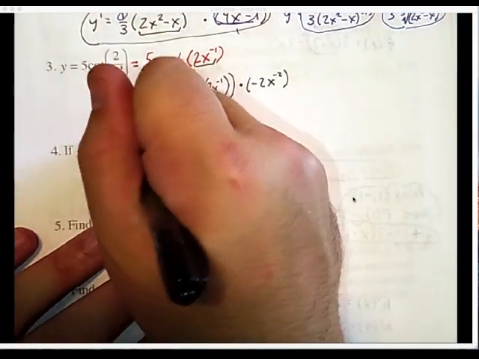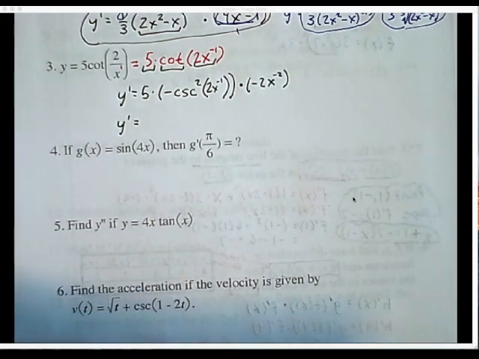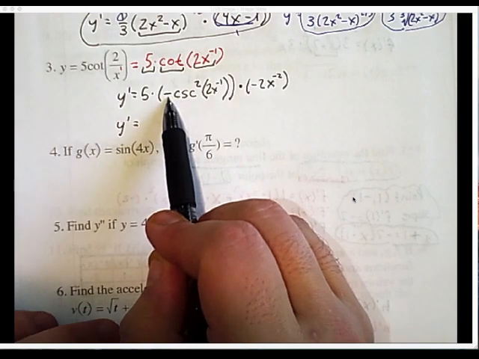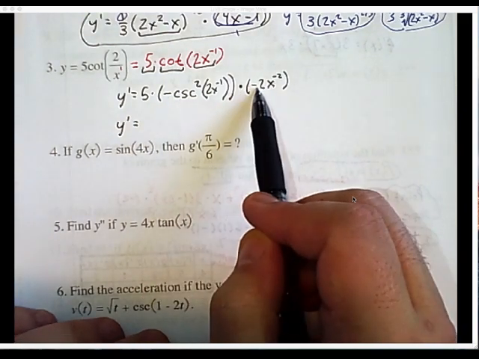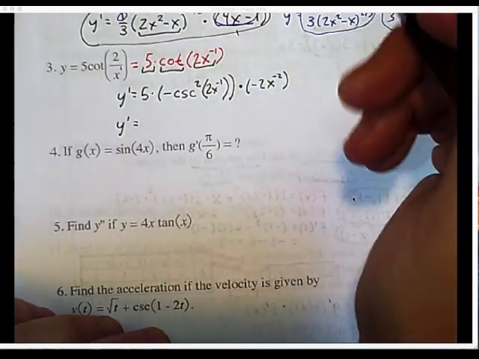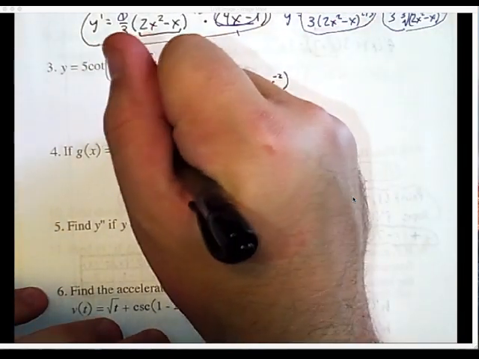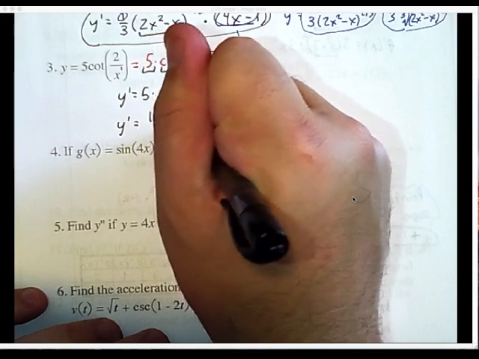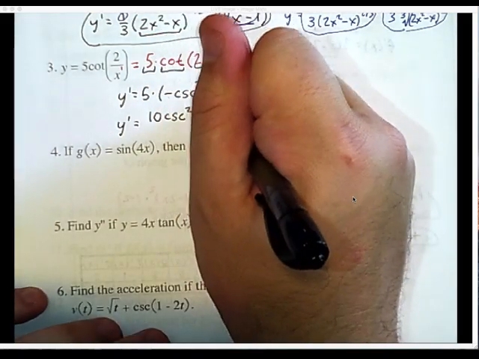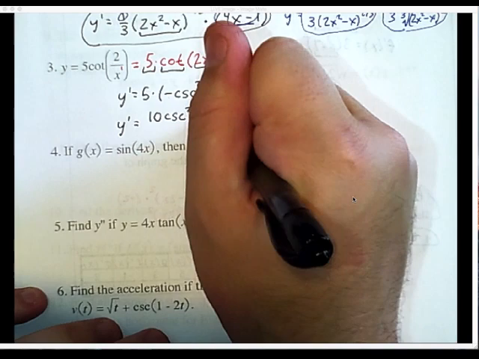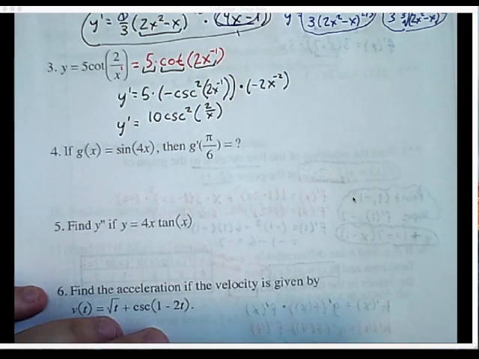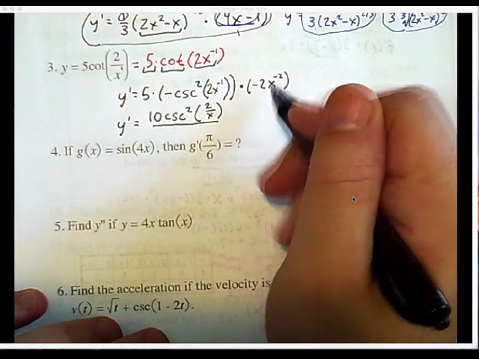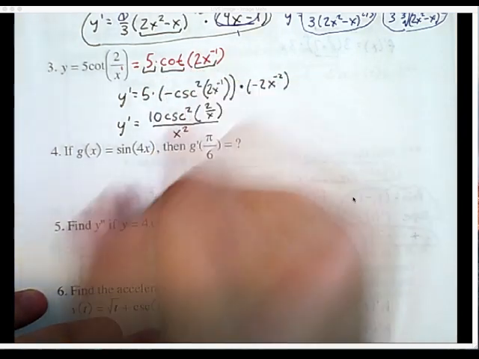I can write this a little bit nicer. You got 5 times a negative 2. Okay, so that's going to end up being positive 10. We got a cosecant squared in here. Instead of writing 2x to the negative 1, I can rewrite that as 2 over x. All over, I can move this x to the negative 2 to the bottom and just call it x squared.